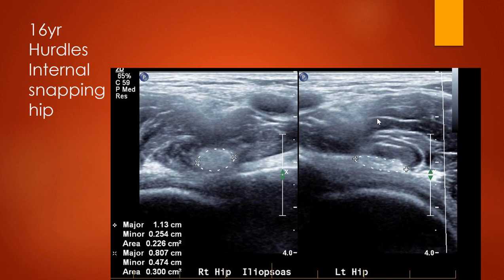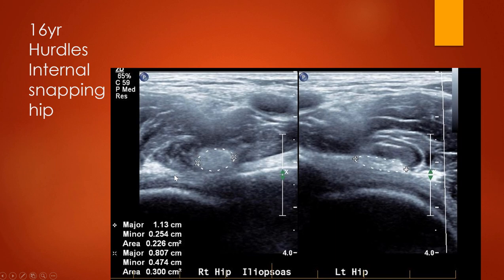This was a 16-year-old girl who was very keen on hurdling, and obviously training, she was feeling a click but also pain sensation. So you can see just a nice easy dual B-mode image. We've looked at the normal side at the level of the femoral head, the femoral capsule here, for the joint capsule, and then a little iliopsoas tendon looking very flat and normal.